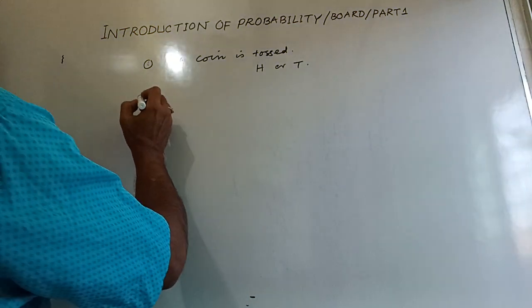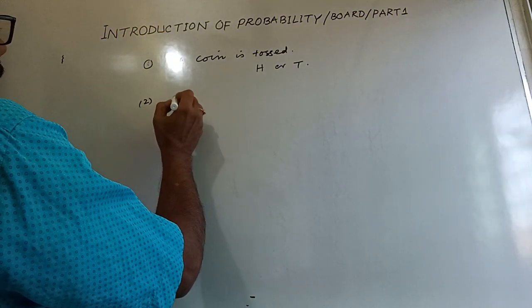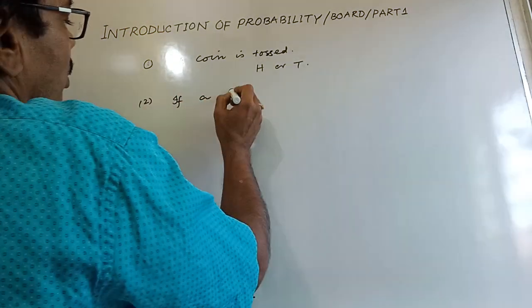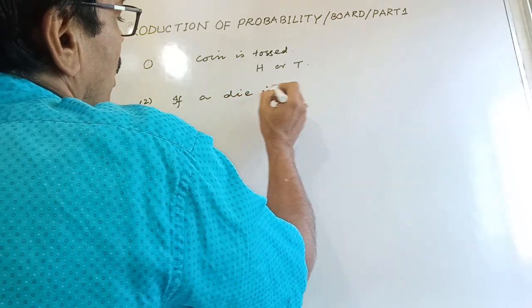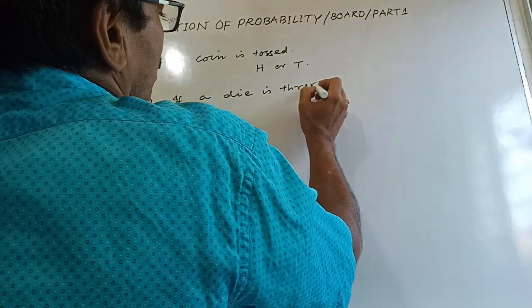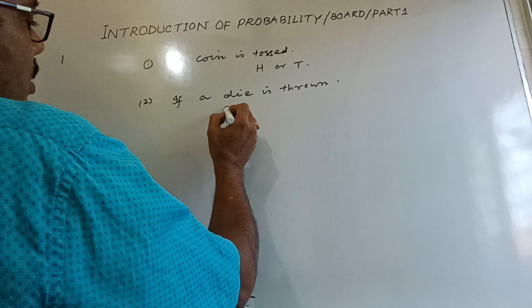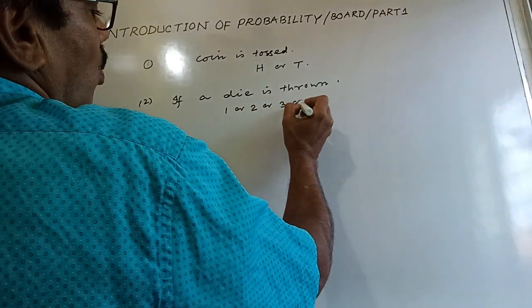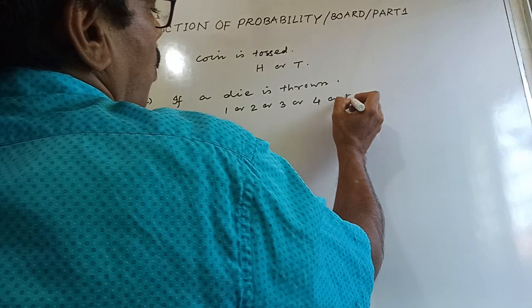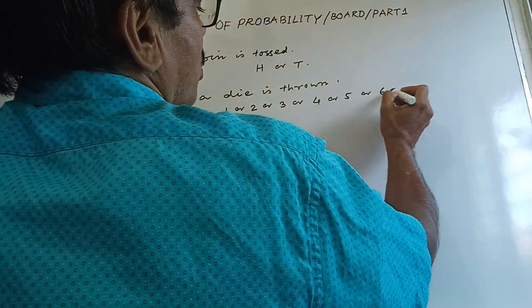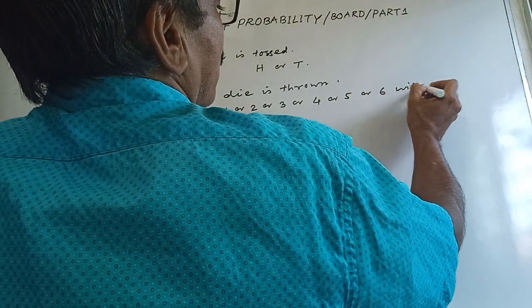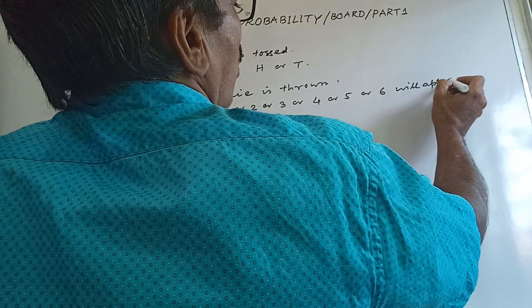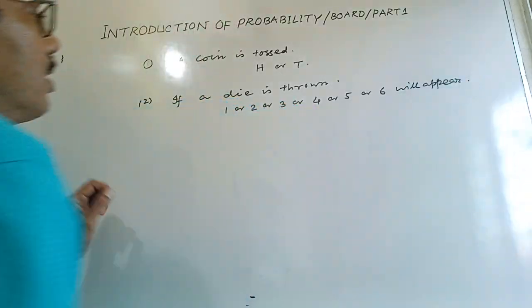Now, if a die is thrown, any one of the cases, 1 or 2 or 3 or 4 or 5 or 6, will appear. All of you know it.